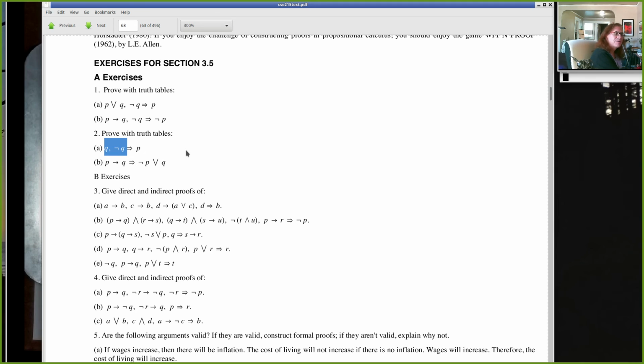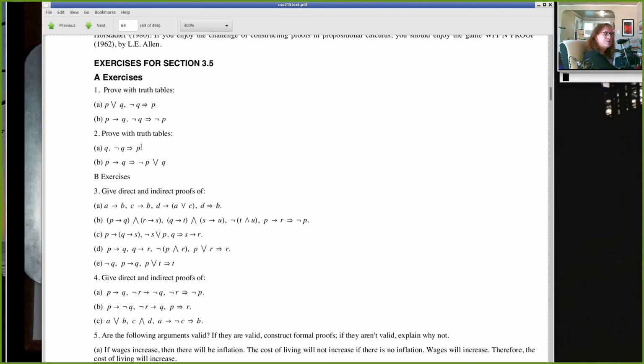This statement A is saying if Q is true, and if not Q is true, then P is true. All right, prove that with a truth table, and notice we don't have anything about P on the left side of this. That's okay. Write a truth table with 2 input variables, P and Q. You're going to have 4 rows for the 4 possible combinations of P and Q's truth values.